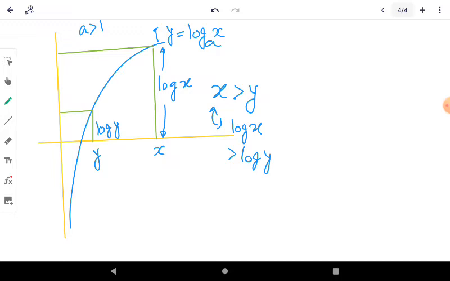Now if you take the graph for a between 0 and 1, y is equal to log x base a, the second property can be established, in which the sign gets reversed. And this one, in which the sign doesn't change, the proof is this.